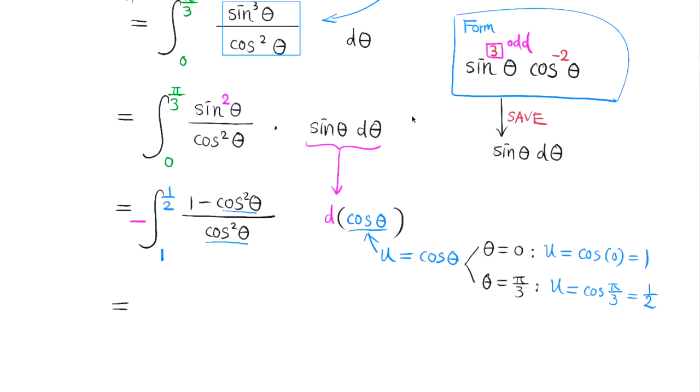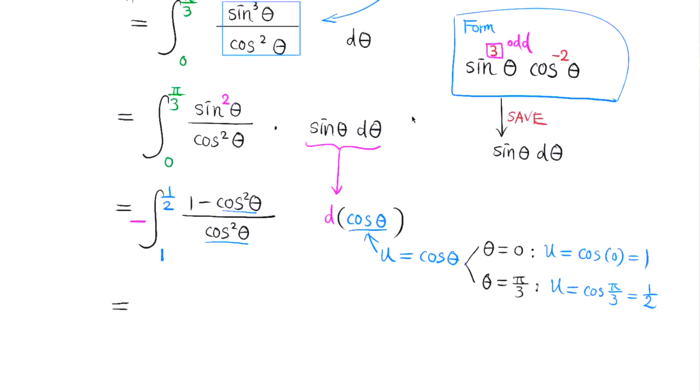Now this is going to become an integral with respect to cosine theta, so we want to express it all in terms of cosine theta. Use the trig identity: we express sine squared as 1 minus cosine squared. The cosine squared theta you don't change, because that's already in terms of cosine theta.